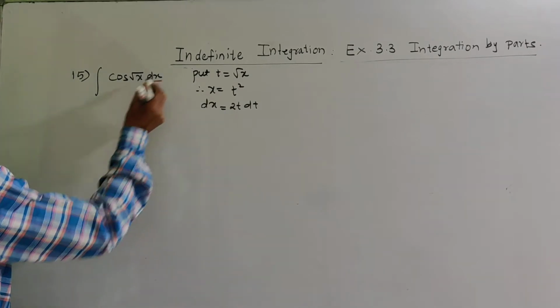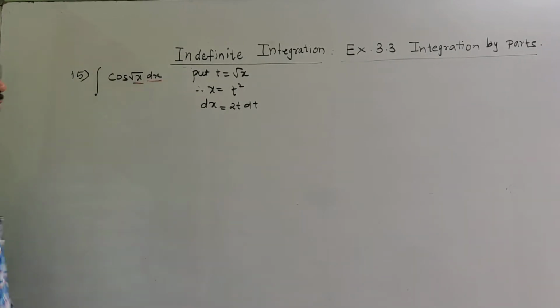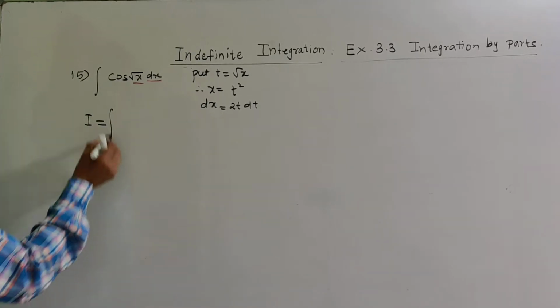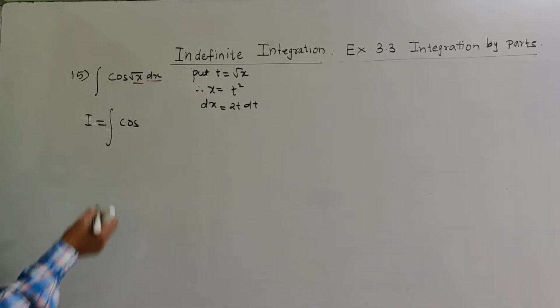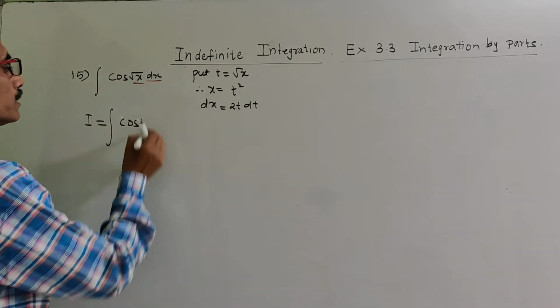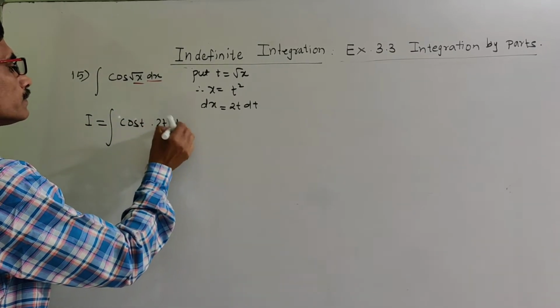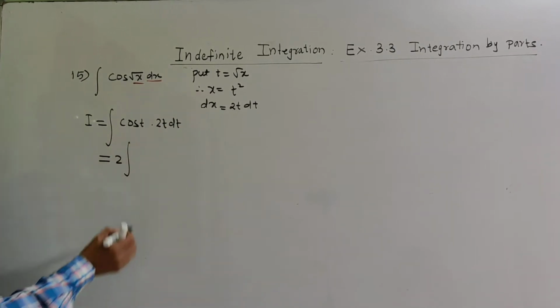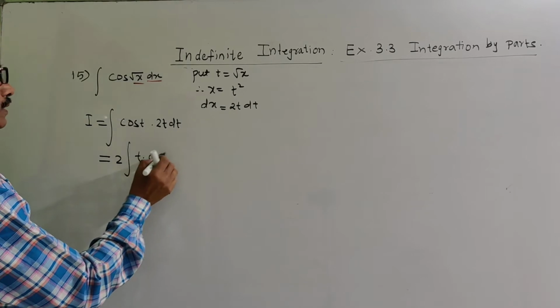So here we require dx, root x is equal to t. So given integral I will be equal to integral of cos of root x is t, and this dx is 2t dt. 2 we write outside the integral, t into cos of t dt.